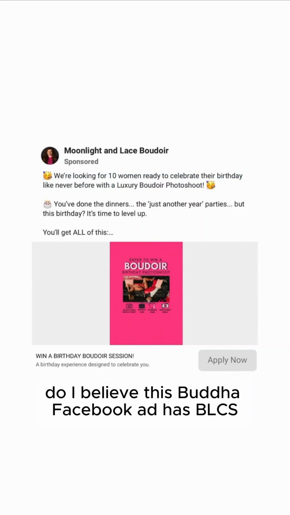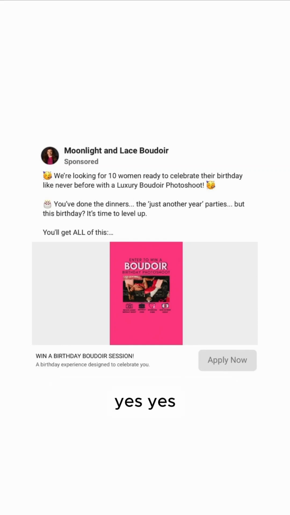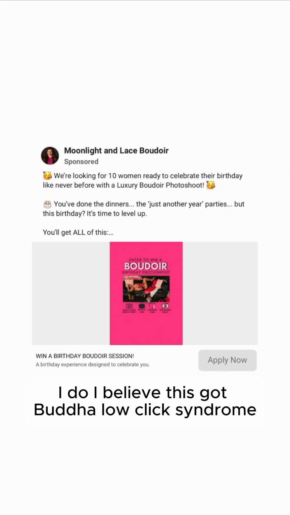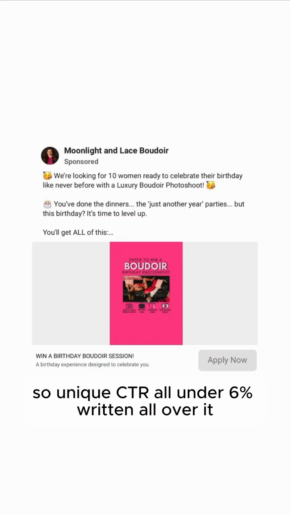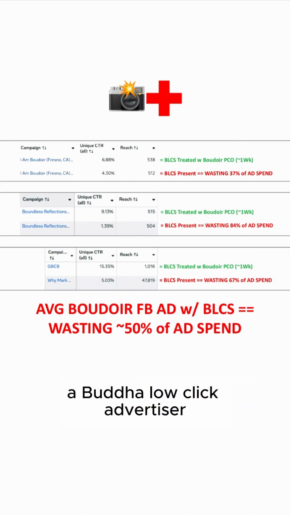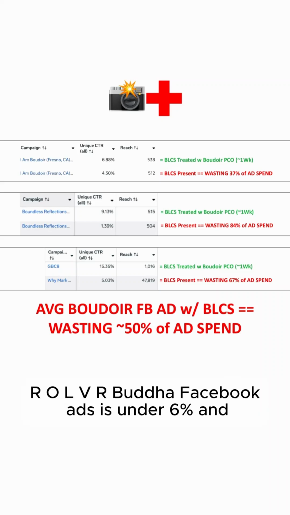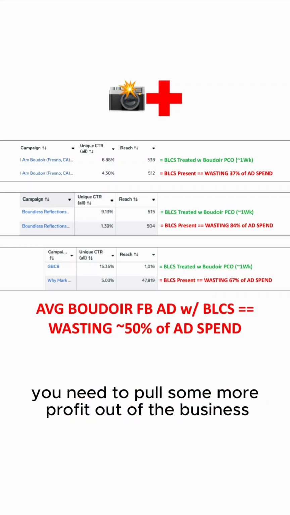So after looking at all this, do I believe this Boudoir Facebook ad has BLCS, aka Boudoir low click syndrome? Yes, I do. I believe this has got Boudoir low click syndrome. So unique CTR all under 6% written all over it. So if you're a BLCA with BLCS, a Boudoir low click advertiser with Boudoir low click syndrome, the unique CTR of all of your Boudoir Facebook ads is under 6%, and you're spending more than 10 grand a month on Boudoir Facebook ads, and you decide you need to pull some more profit out of the business.